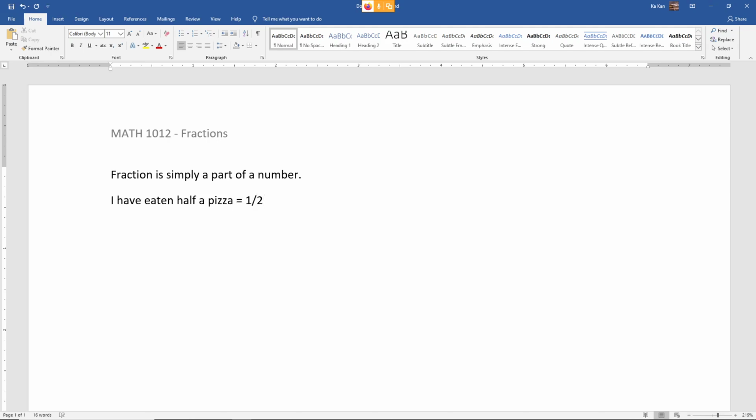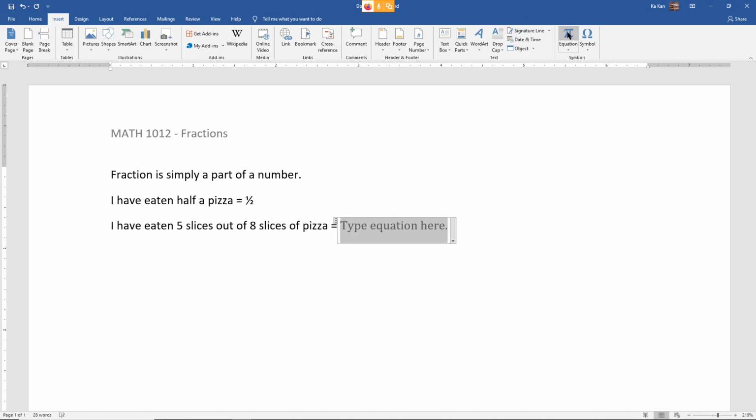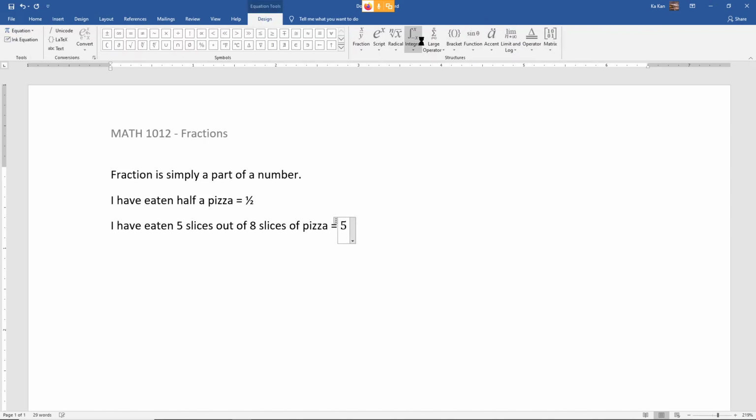Now, if you cut the pizza into 8 slices, and let's say I have eaten 5 slices out of 8 slices of pizza, that's actually typical of me, and that would equal 5/8.